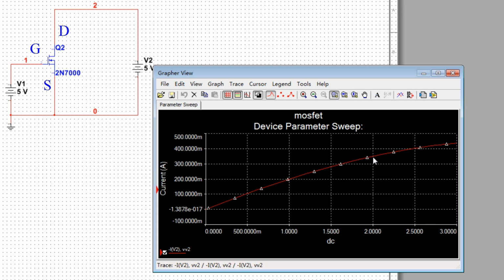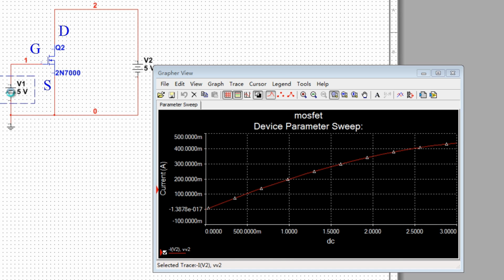IDS is about 350 milliamperes when UDS is about 2 volts. In order to verify that it is indeed a controlled resistor, we adjust the voltage of the controlling terminal. When UGS is 5 volts, UDS is 2 volts, corresponding to IDS of 350 milliamperes.